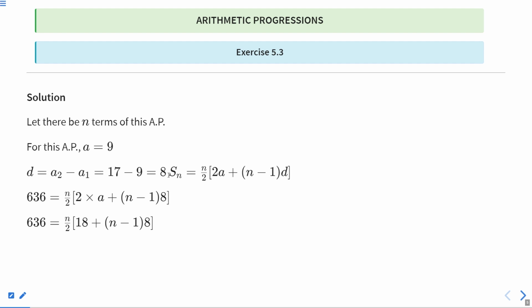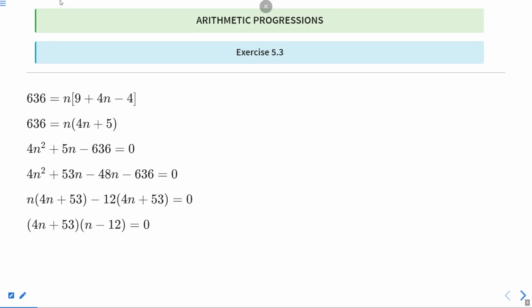Now if we apply this formula and put these values of a and d in it, then we get 636 is equal to n by 2 times 2 times a plus n minus 1 times 8. This implies 636 is equal to n by 2 times 18 plus n minus 1 times 8.